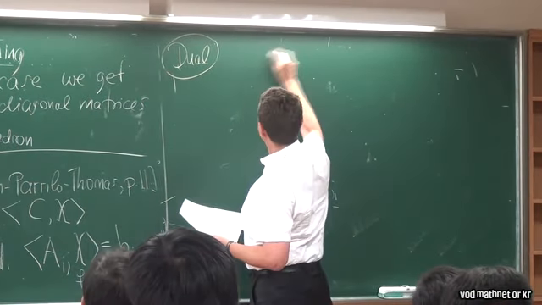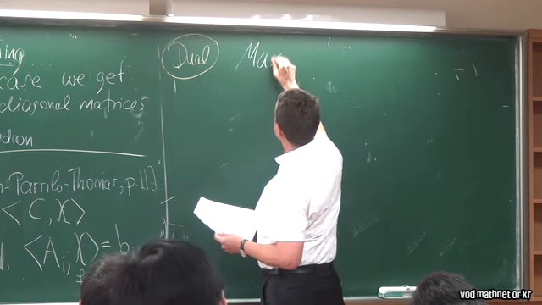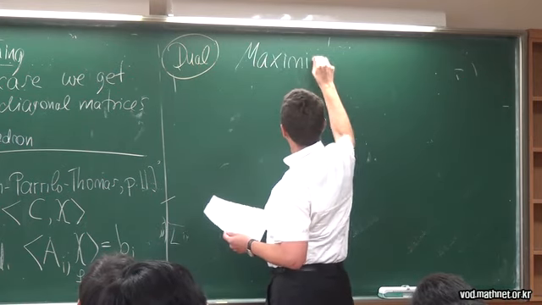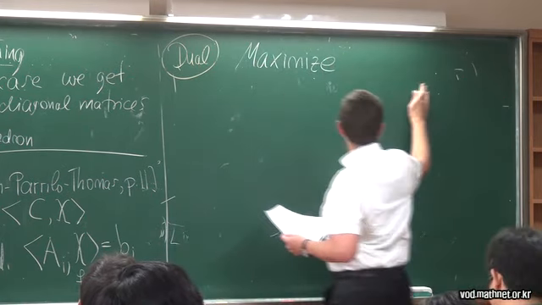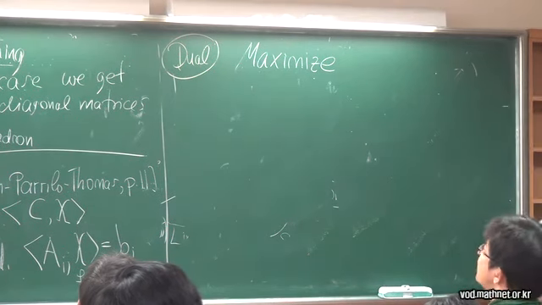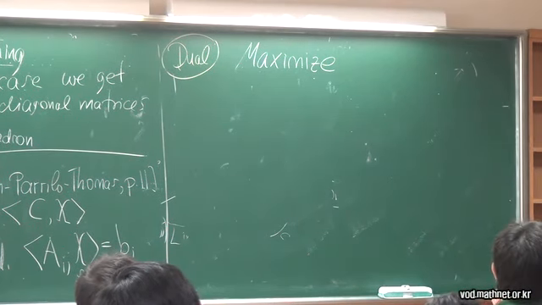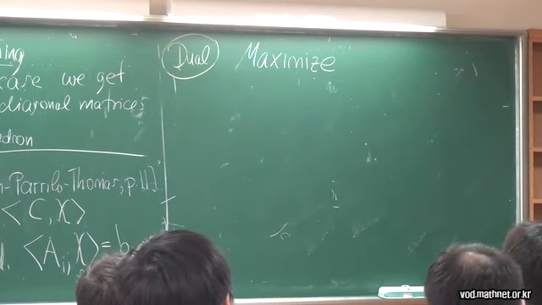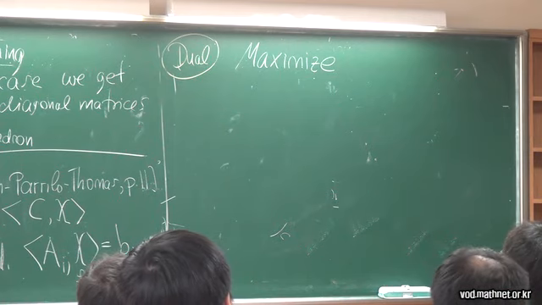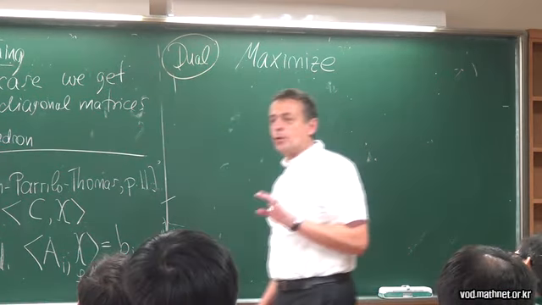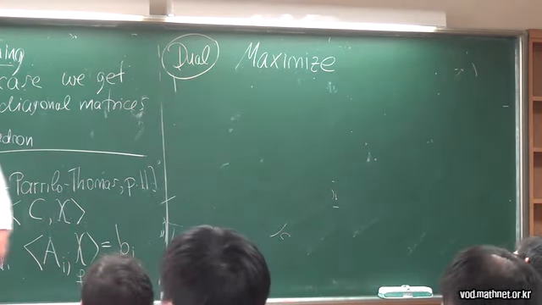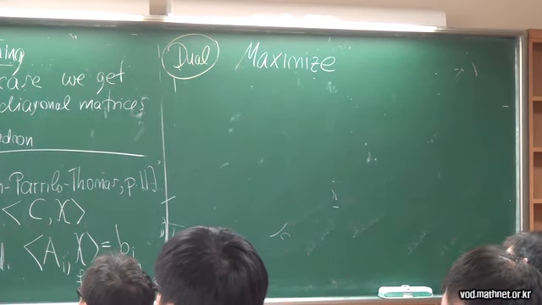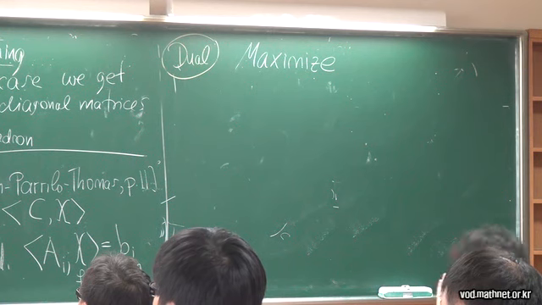The dual is maximize. Now, at this point, I like to appeal to linear programming, and unfortunately that's not taught at POSTECH. So the way this works in linear programming is you have a cost vector C and a right-hand side vector B. And when you pass to the dual, they trade their roles.